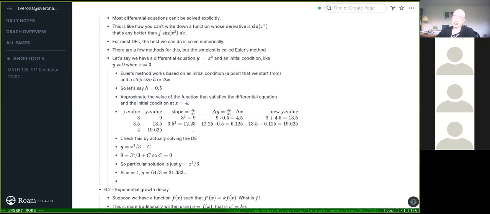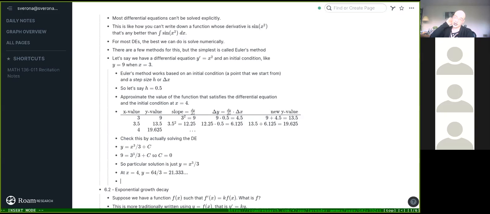The reason that it's kind of off like this is that the actual equation, y equals x cubed over 3, increases more quickly than any assortment of straight lines, which is what Euler's method uses. A quadratic will eventually increase faster than any series of straight lines, and that's just the way it is, let alone a cubic.